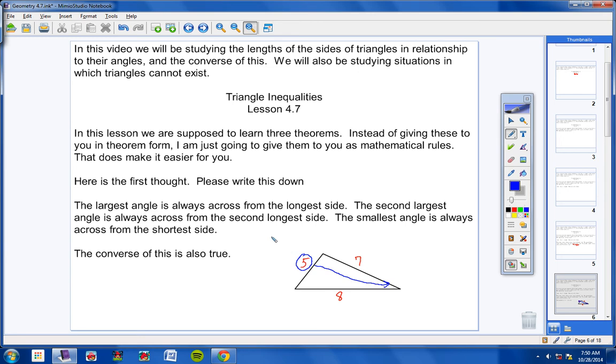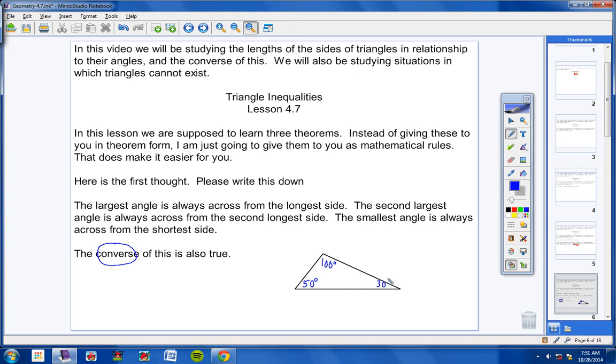Now, notice this statement here. The converse of this statement up here is also true. Let me show you what that means. Let's pretend that I put the angles in here: 100 degrees, 50 degrees, 30 degrees.